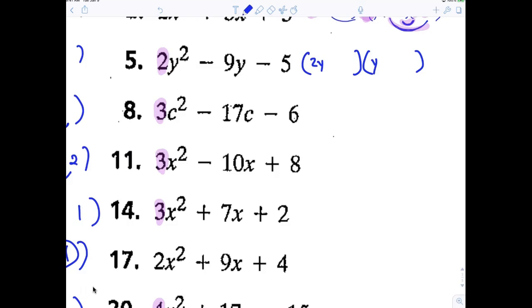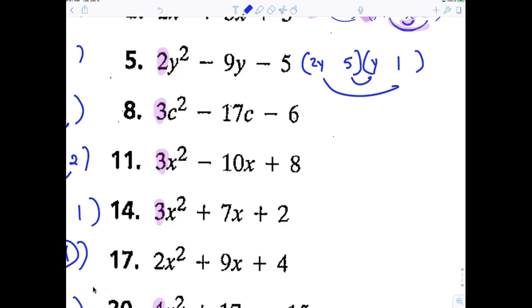Now you're trying to make a 9. This one should be pretty easy because the only possible factors for 5 are 1 and 5. Now again, if I put 5 here and I put 1 here, I have 5 and 2. Is that possible to make 9 with 5 and 2? No. So I have to move the 5 here and the 1 here.